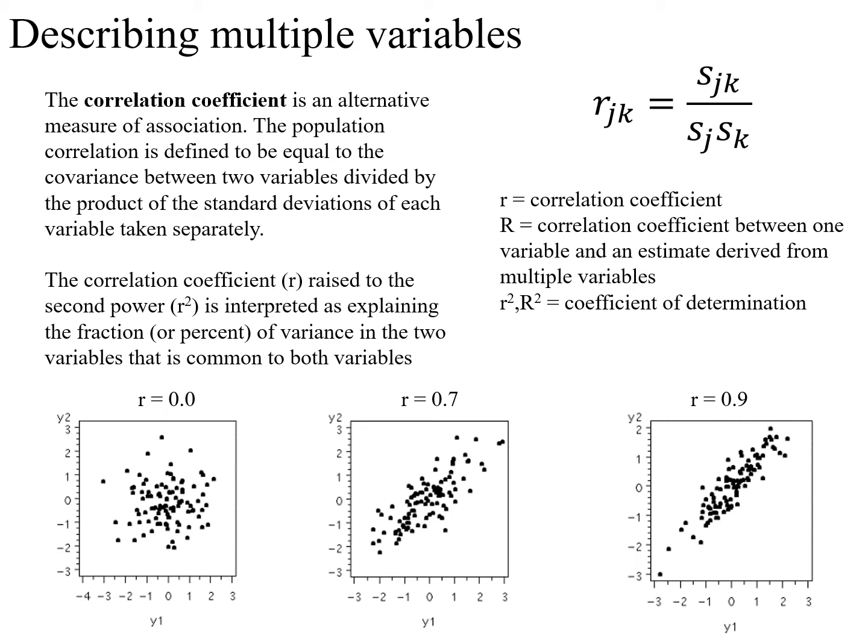Finally, note that lowercase r is used for correlation coefficients between two variables. Uppercase R is used as the correlation coefficient between one variable and an estimate derived from multiple variables.